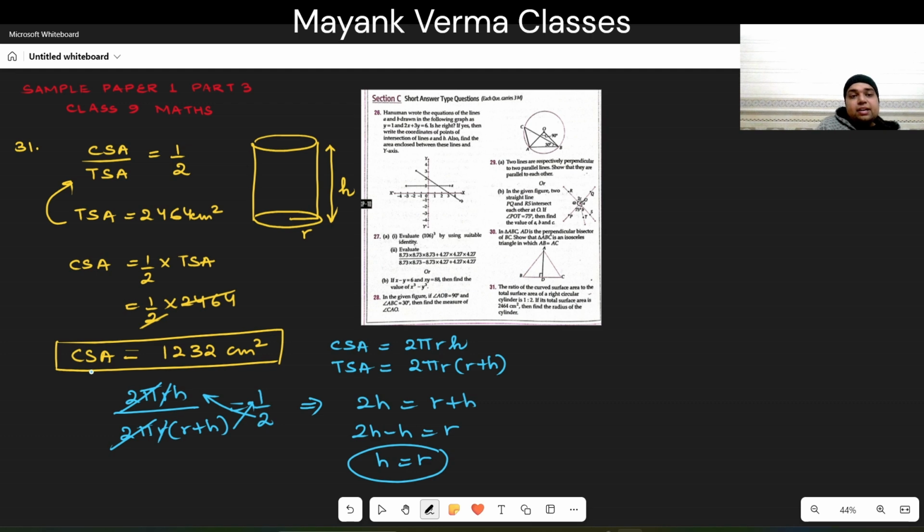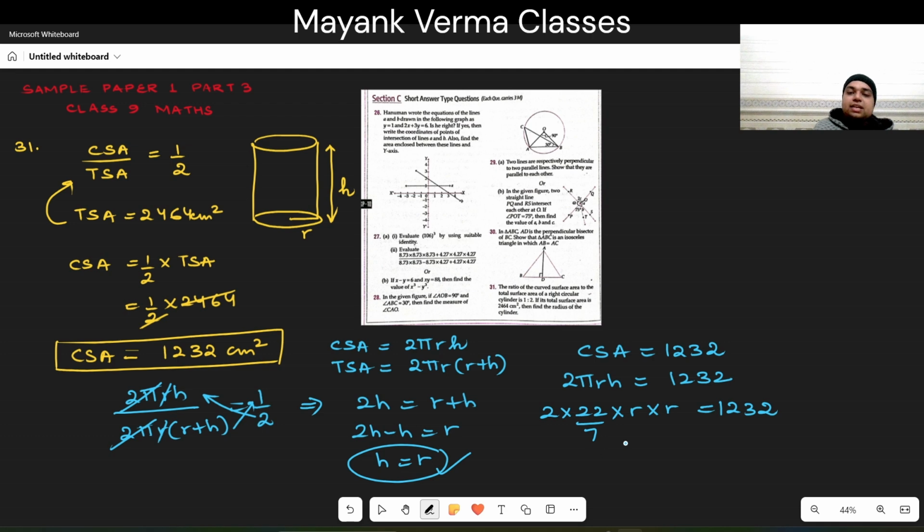So now I can write it down that my CSA is already given as 1232. So 2 pi r h is equal to 1232. 2 into 22 by 7 into r into r, because we need to find the radius now. So I will convert h into r, equal to 1232.